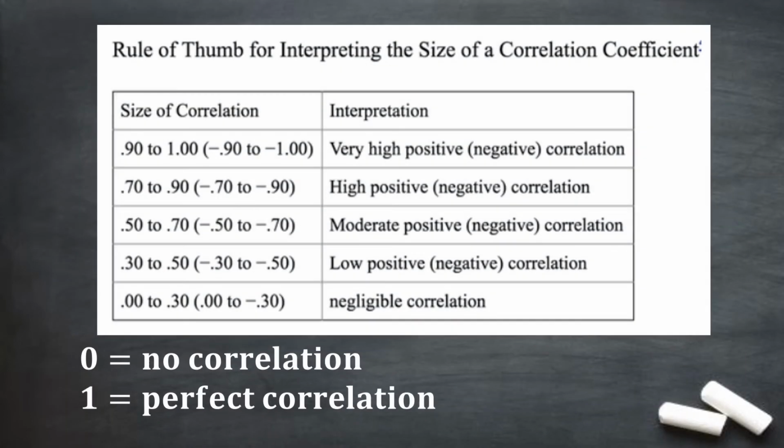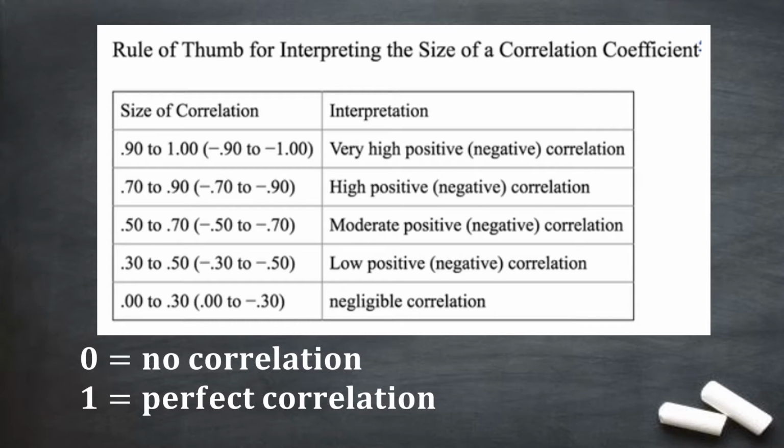Kindly take note of this table because we will use this in interpreting the degree of correlation or relationship between those two variables. The numerical values on the left side are the values that you will get for the Pearson r correlation, and its interpretation is on the right side. May I also add that if the given Pearson r correlation is equivalent to 0, then we have no correlation at all.